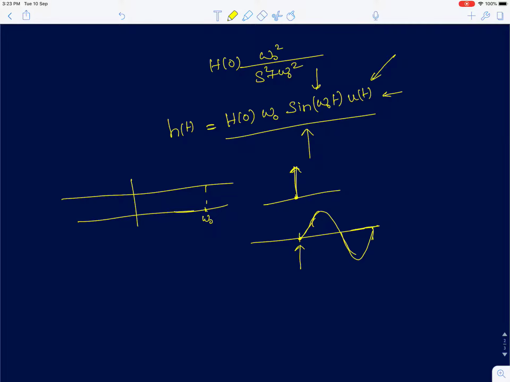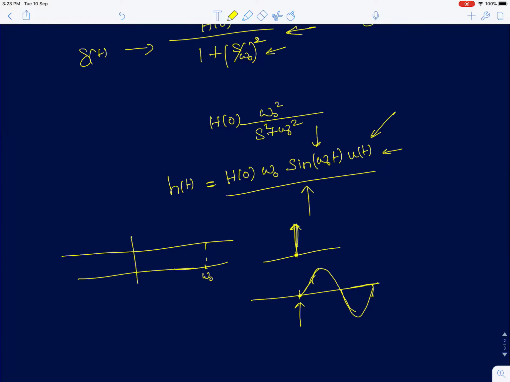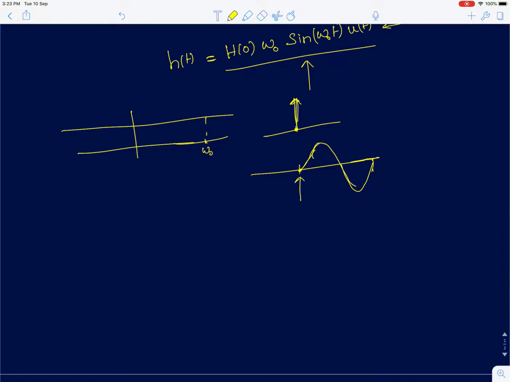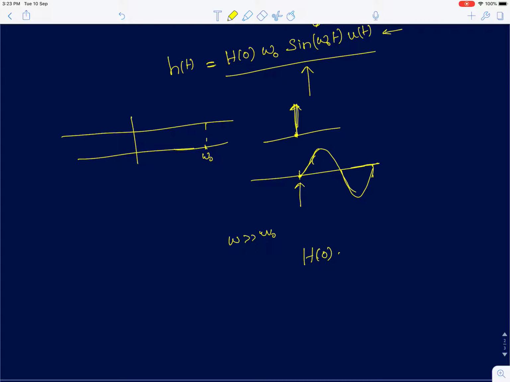Again, there are different ways of looking at this function itself. For example, if you look at this function h of 0 by 1 plus s by omega naught square, for very high frequencies, when omega is much greater than omega naught, I can ignore the 1, so the s by omega naught square term will dominate. It will become h of 0 omega naught square by s square approximately.